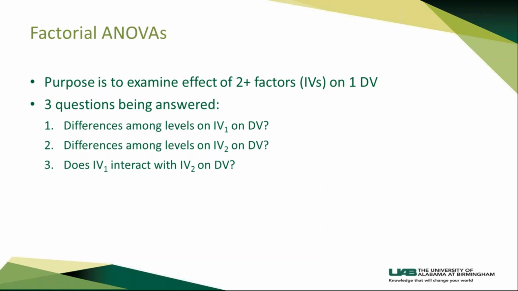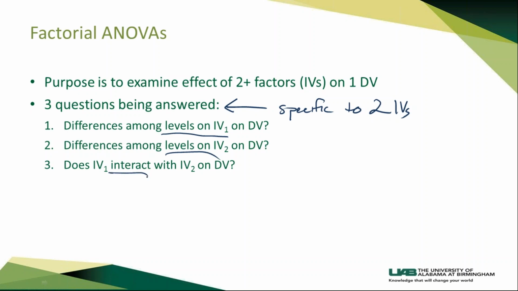So let's just say that this is specific to where you have two IVs. Three questions. One, is there a difference somewhere between the groups on the first one? The second independent variable, and then do they interact? So those are three questions we could have.